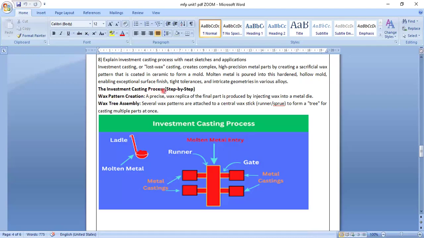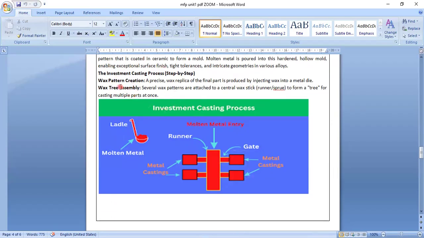So whatever the molten metal, very hard, and also a hollow shaft here. It will become a hollow mold, enabling exceptional surface finishes, tight tolerances, intricate geometries, various alloys are used. So you need a tight holding there because this is tightly held. So it is investment casting.